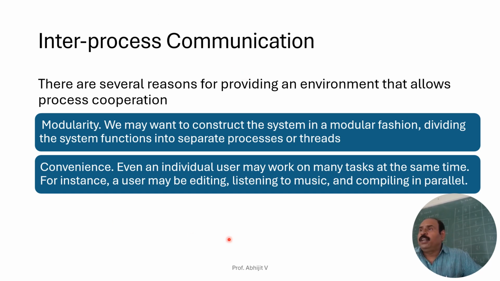The next 2 advantages: first, it becomes modular, because it is divided into pieces, modules, and each module has its own working. The final one is convenience. So these are the 4 points we need to remember, the advantages of inter-process communication.